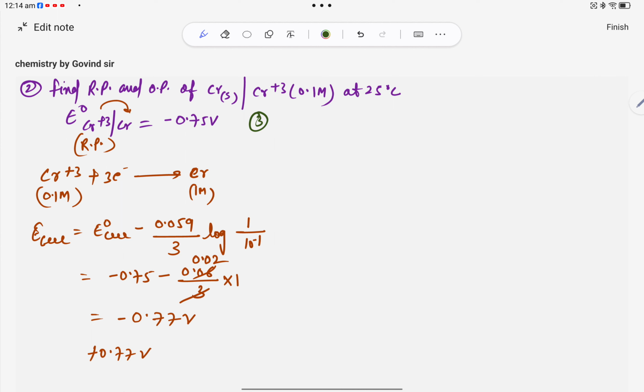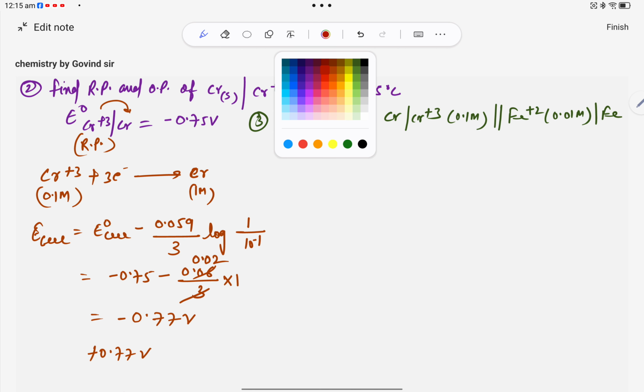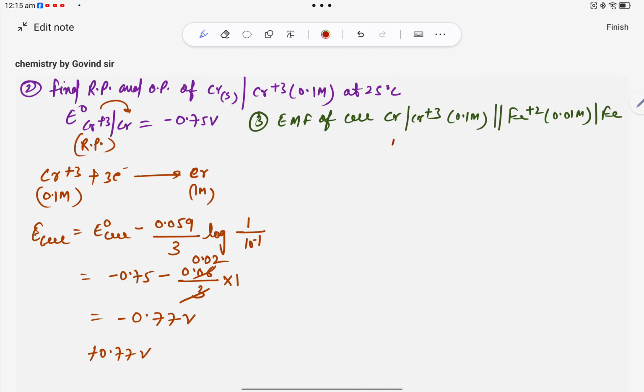EMF of cell. Find EMF of cell. Which cell? Chromium, chromium plus 3, concentration 0.1 molar, salt bridge, Fe plus 2, 0.01 molar, Fe. So what it is, children? Left side is always anode.